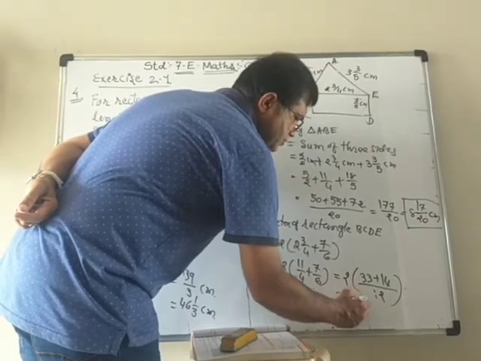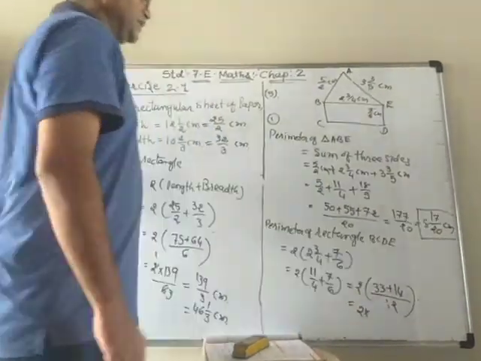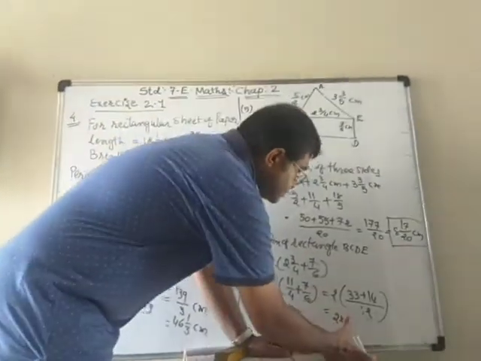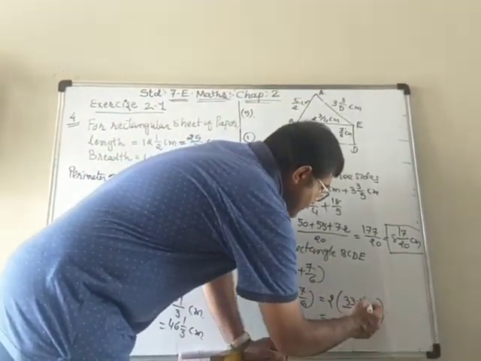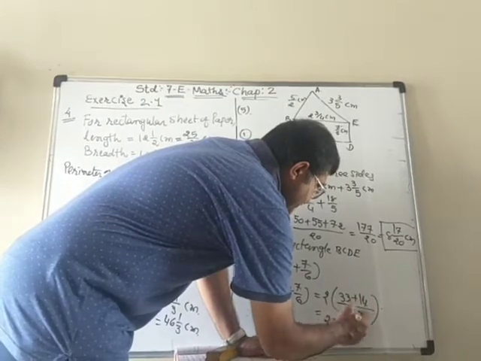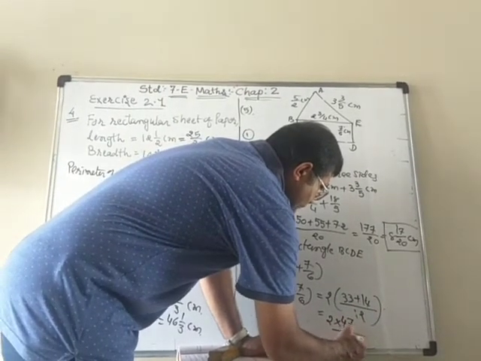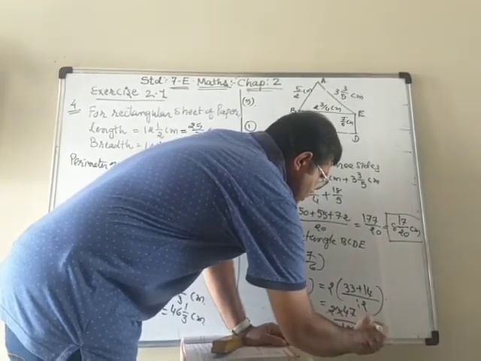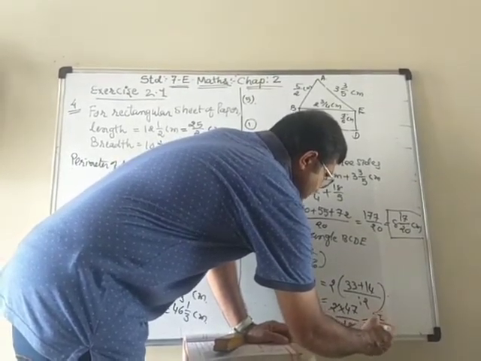Is equal to 2 multiplied by, now 33 plus 14 is 47 upon 12. 2 6s are 12. So our answer is 47 upon 6.